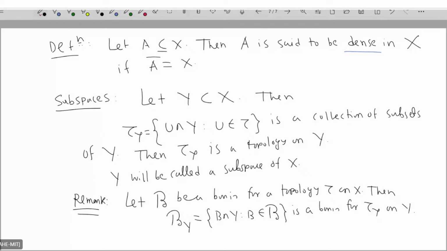Another thing: let me put the compact set a little bit. What do we mean by compact set? Definition.